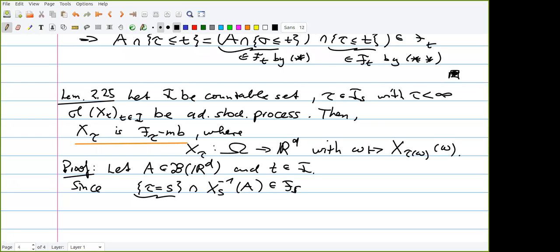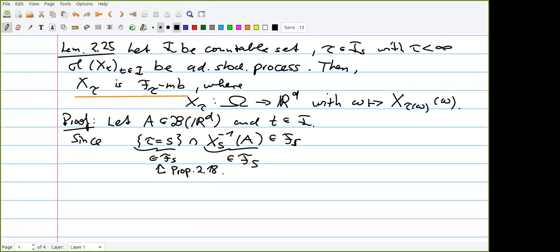Because, well, that's the stopping time, that's in F_s. And this is by the measurability of the adapted process here in F_s. Right. Here we need the countability because we use proposition 2.18.